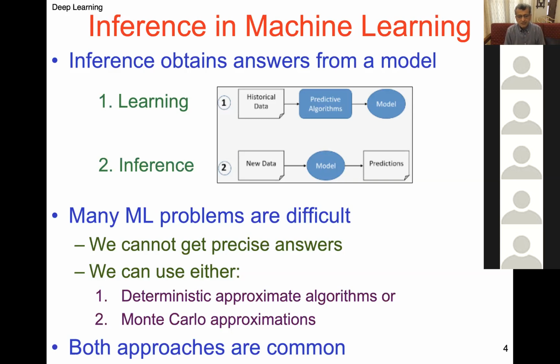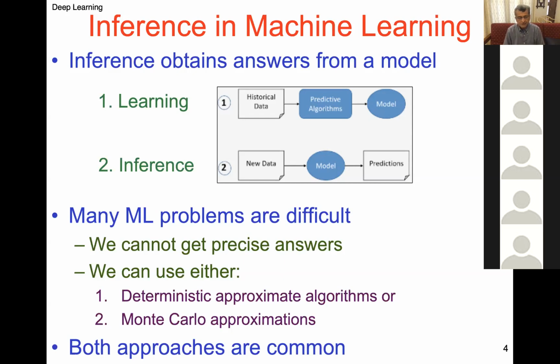Many machine learning problems are difficult. We cannot get precise answers. We can use either deterministic approximate algorithms or Monte Carlo approximations. So some machine learning problems are difficult, and the way to infer the right answer would be to use an approximate algorithm that's famously known as variational methods, or we can use Monte Carlo.